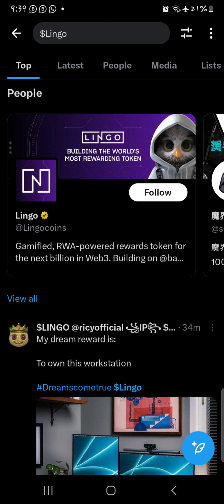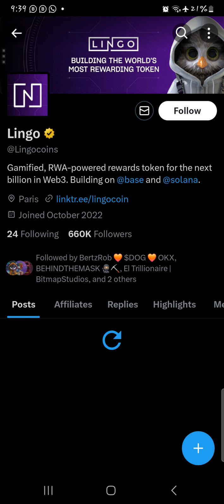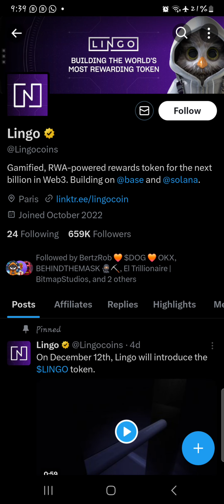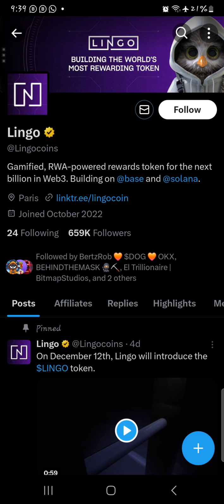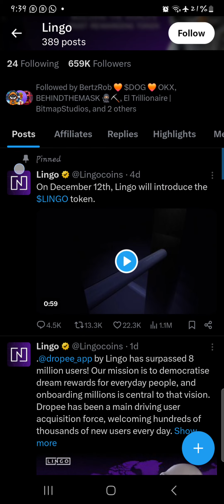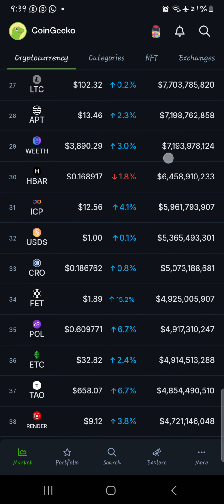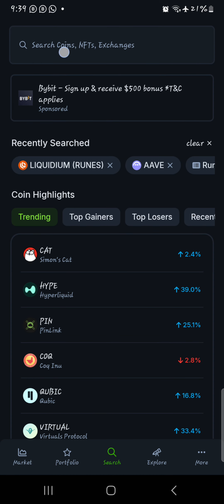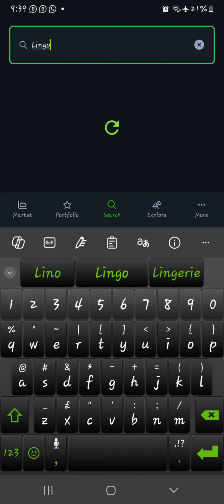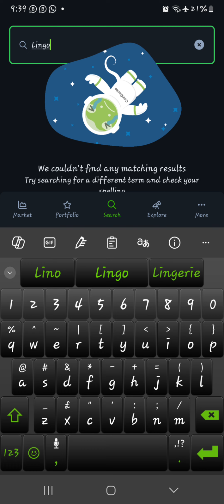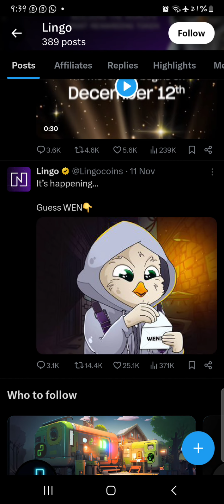Okay, Lingo coins. Oh, that's a lot of followers. Building on Base and Solana. Okay, let's see if we see it here. Lingo. Lingo. Nope. So still very early.